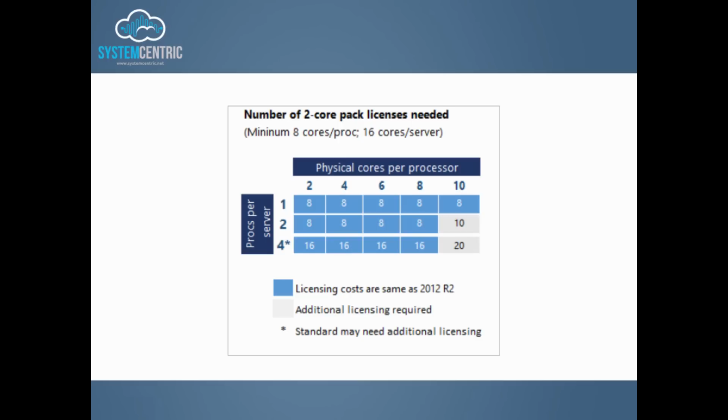And if you've got 4 processors, each with 16 cores, then because they're multiples of 8, again, you'd have had to buy no extra licenses, because you'd have had to buy 4 licenses with 2012 R2. But as you go up to more cores per processor, as soon as you start breaching that 8, you're likely to have to start buying more licenses.